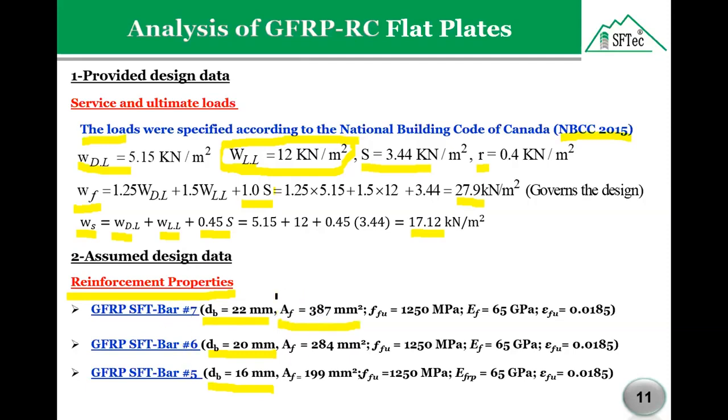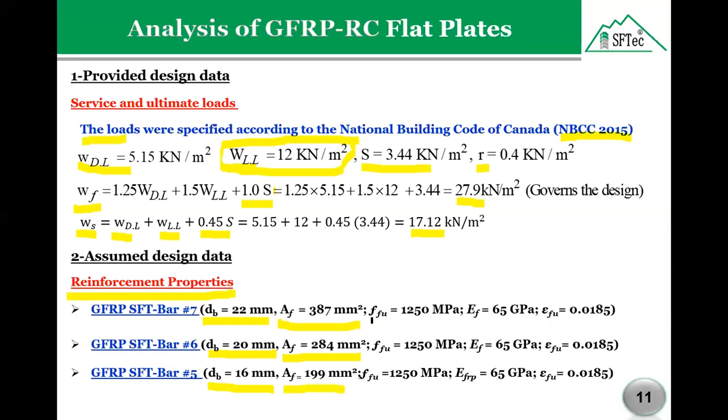And actually this area is taken from the Canadian standard CSA S807 for the specification of FRP bars. In our factory we respect the nominal diameter of the bar, like 22 millimeter for number 7, 20 millimeter for number 6, and 16 millimeter for number 5.